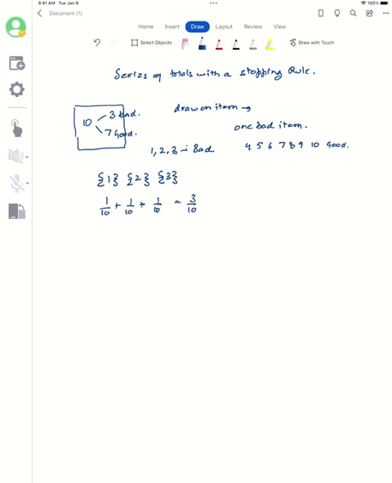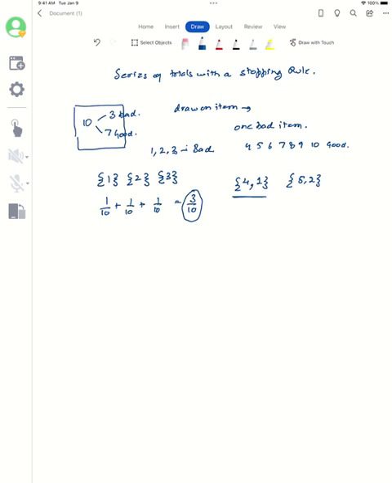But you can also get a 4 and then a 1, or you can get a 5 and then a 2. So the first possibility of getting a bad item is 3 out of 10. What about the second? So let's say you get a 4 and a 1.